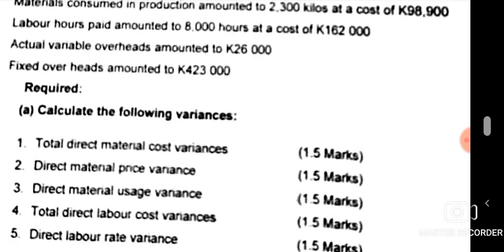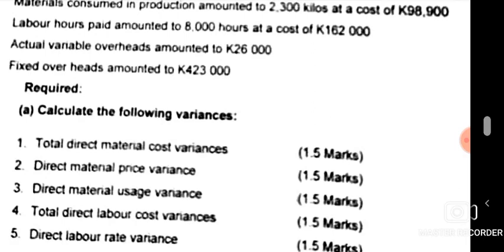So when they ask you for total material, maybe they'll even ask you for something else later on, like total labor. The total is basically you add those two types of variances which relate to the same name. Like material price and material usage, they have the same name, material. When you add those two, they give you the total. Please get that part right.